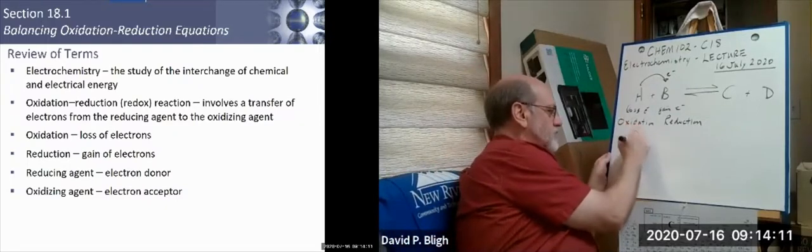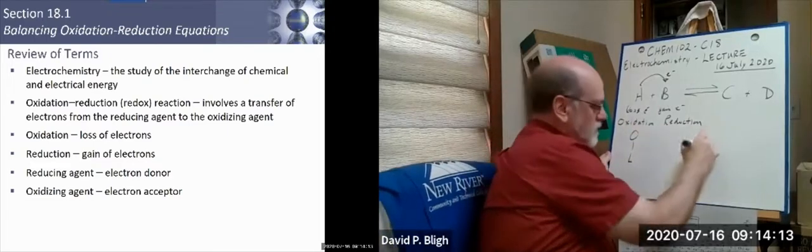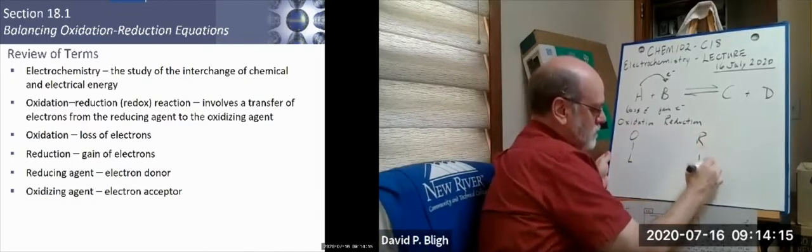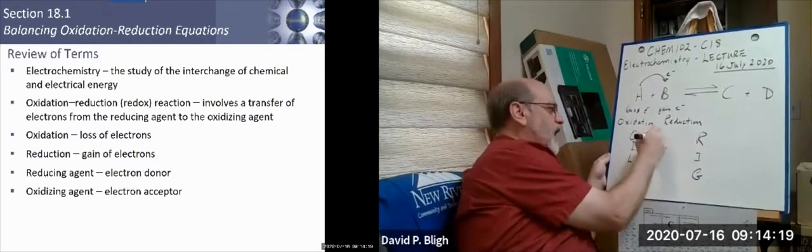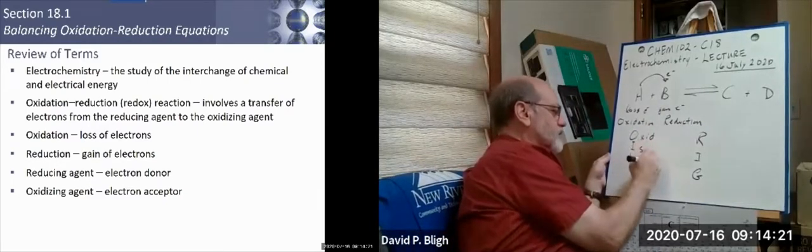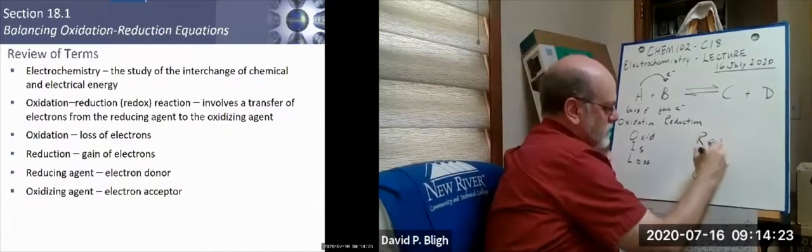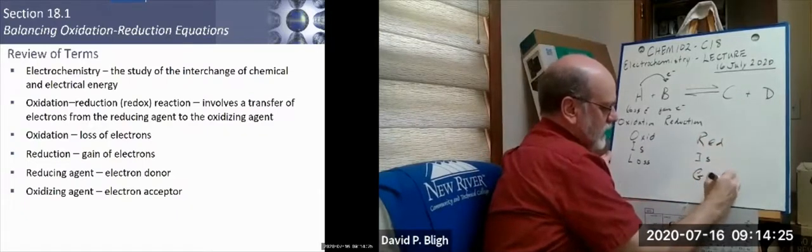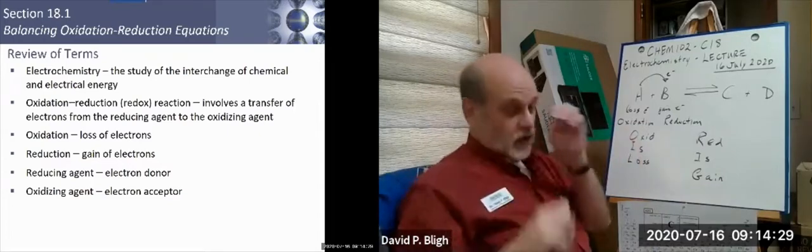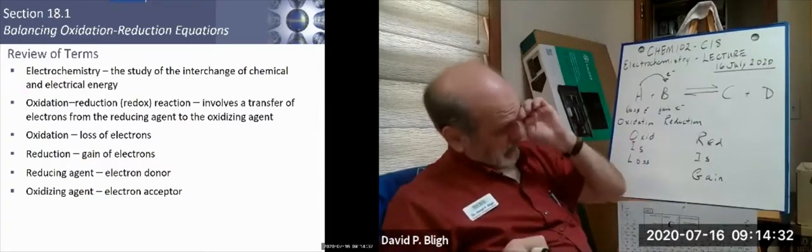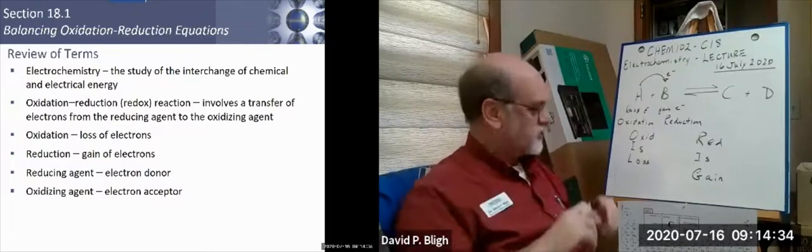It's called OIL RIG. Oxidation is loss. Reduction is gain. So if you get stuck, just remember that. OIL RIG, and it'll put you back on course.